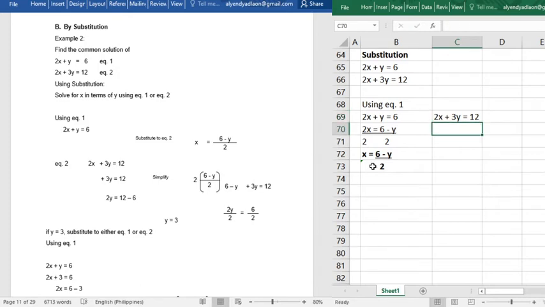So we have 2 multiplied by 6 minus y over 2, and then plus 3y equals 12.